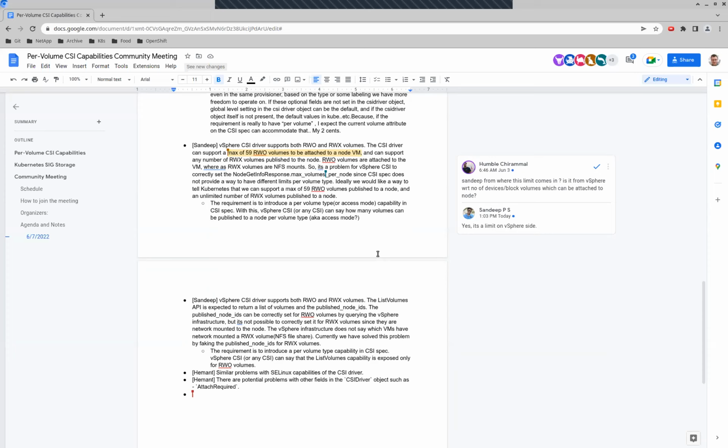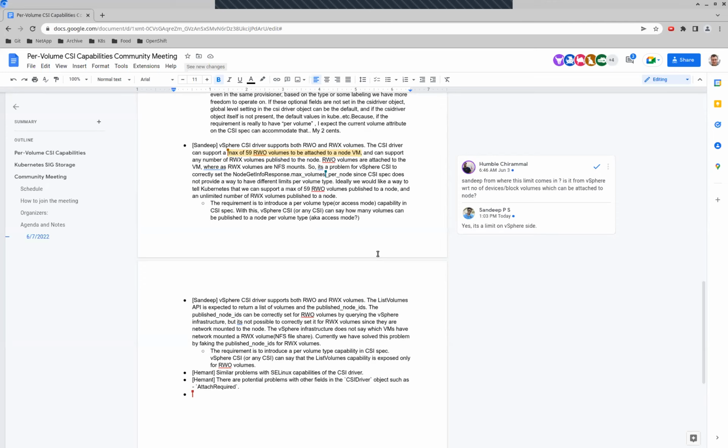I can't remember when we designed the node volume limit feature whether we considered the possibility that some drivers would have very complicated notions of limits. But this is an obvious real world example, and that does argue for something a little bit smarter, because there's no good workaround, as you mentioned. If you set it too low, bad things happen. If you set it too high, bad things happen.